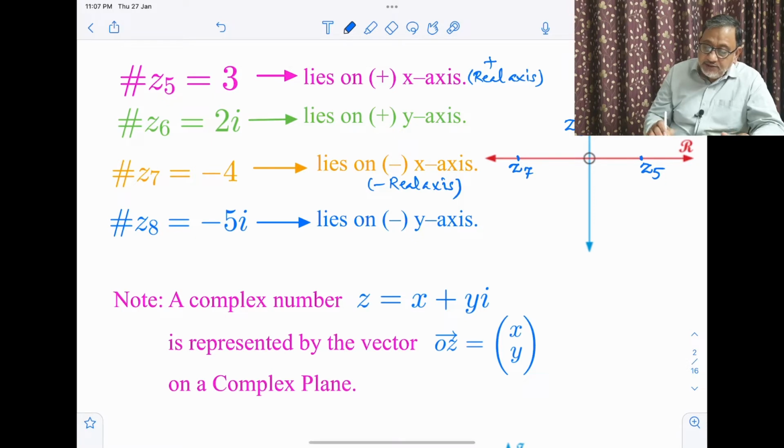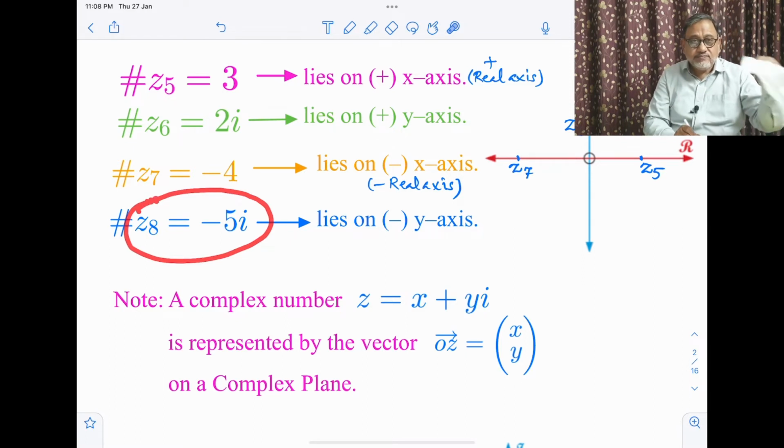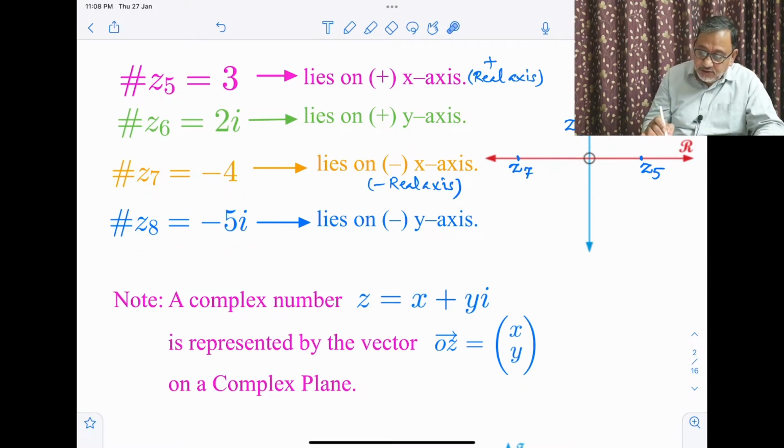Okay, and then Z8. Z8 is negative 5i. So it is purely imaginary, but it is the negative of the imaginary complex number. So it will be on the negative y-axis or negative imaginary axis. Here also I can write positive imaginary axis.